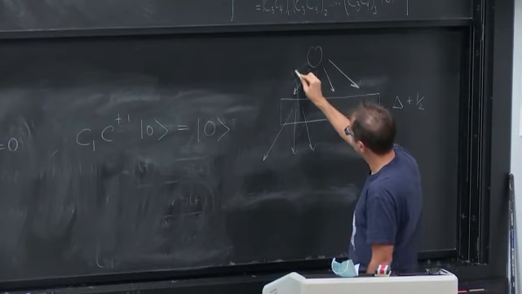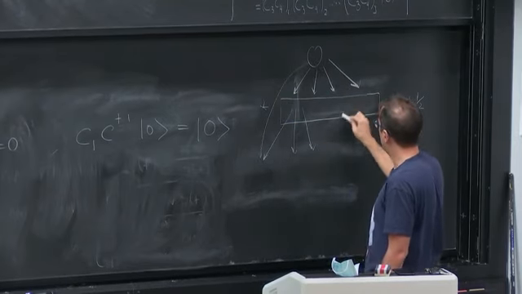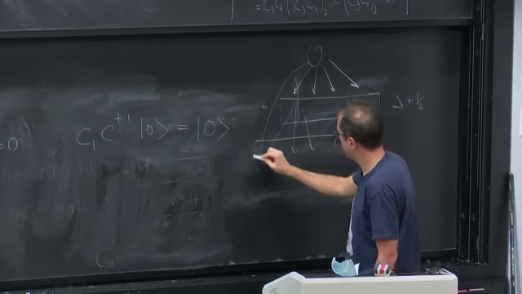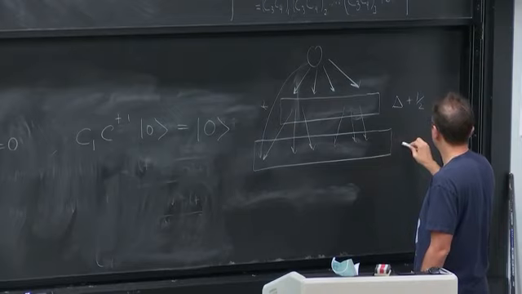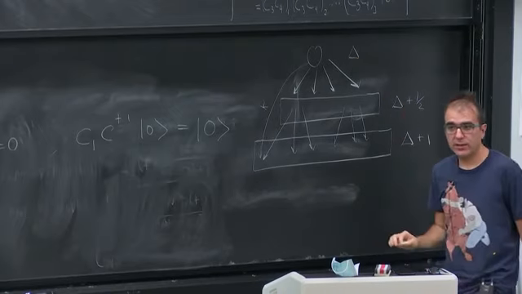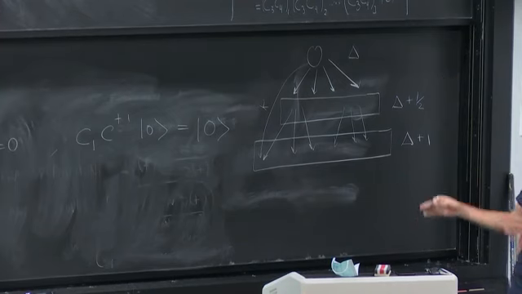I could also act directly with some k, but I would act more and so on and get the next level. That would be delta plus 1 if I start with delta and so on. And this defines a representation that is infinite dimensional and that has more and more operators at each level.